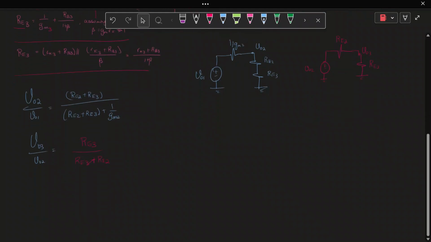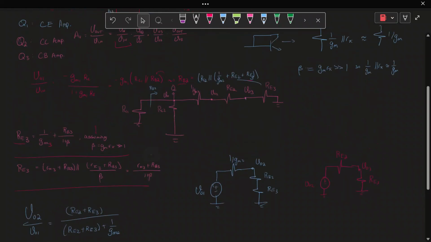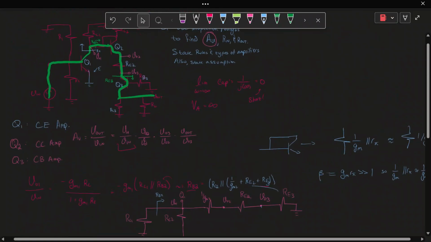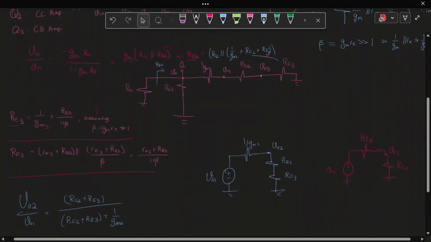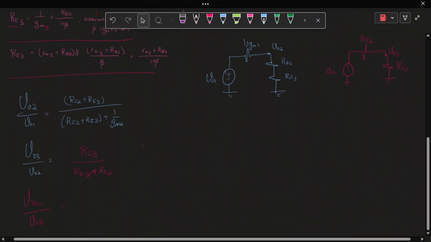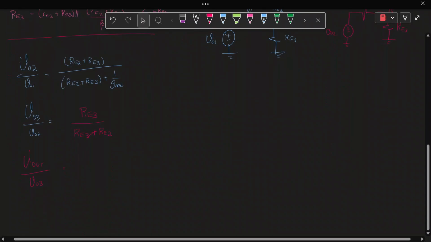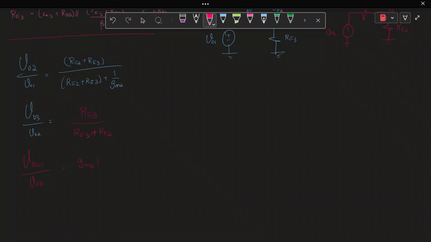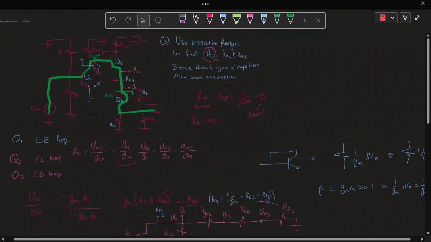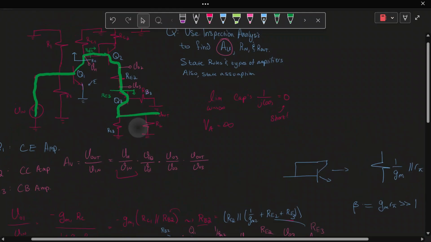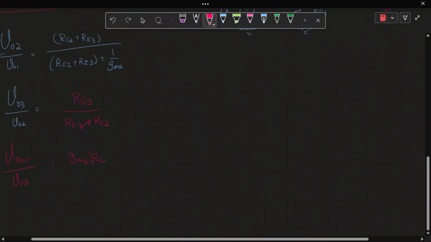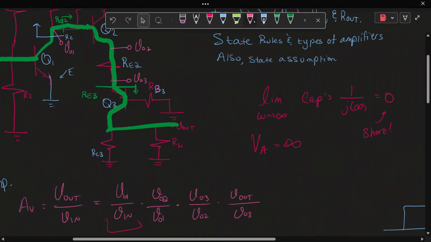And now for the final part, we need V out divided by VO3. Well, V out over VO3, what do we notice? What kind of amplifier is it? We have a common base amplifier. So looking at the inspection sheet, common base amplifier with VA is infinity tells us V out over V3 is equal to GM3 times RC, the collector resistance, which is going to be RC3 in parallel with RL, because remember, we're looking out.